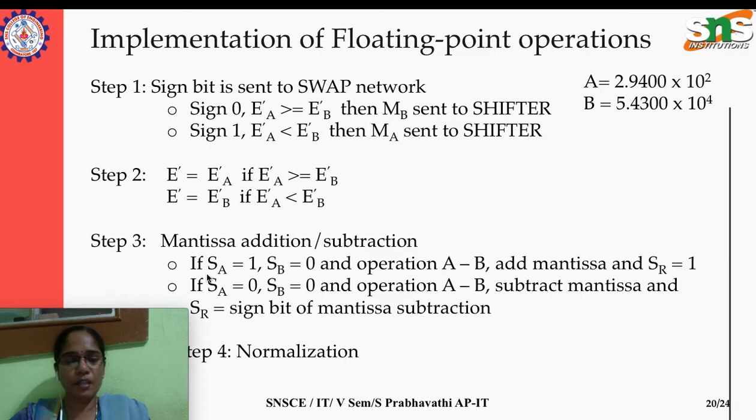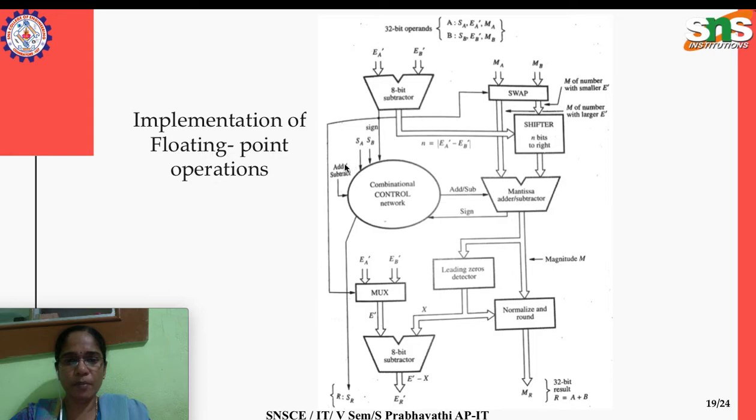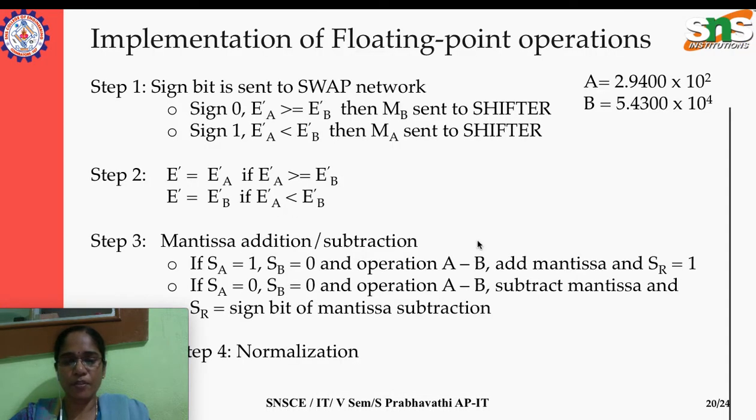SA equal to 1 means the given number A is negative and B is positive, and if the operation to be carried out is A minus B, what does it mean? Here A is already negative, and B is positive. It means minus A minus B, that's nothing but addition.